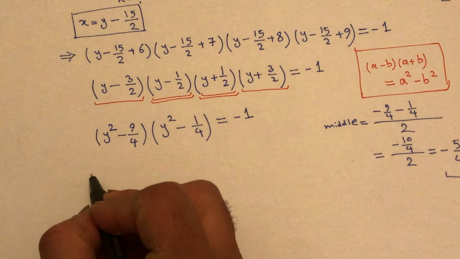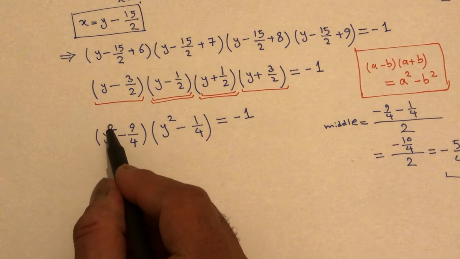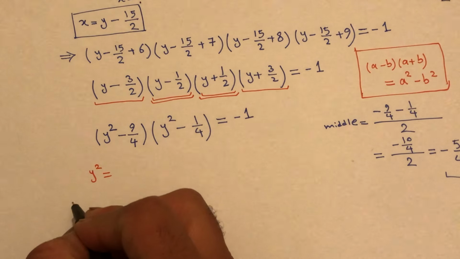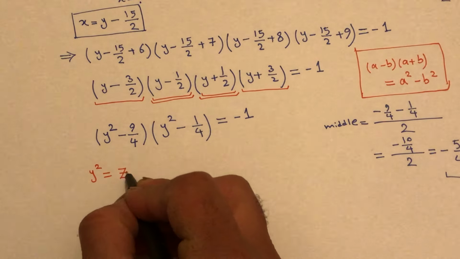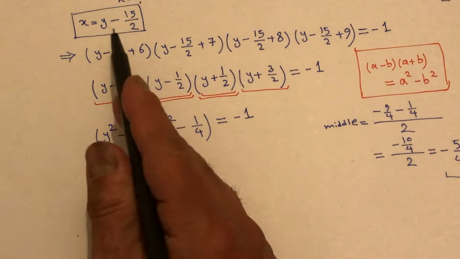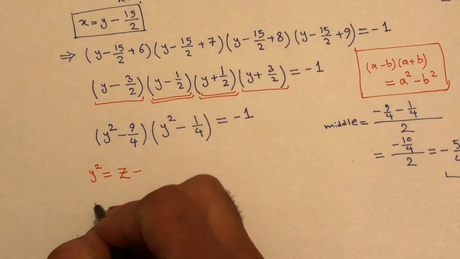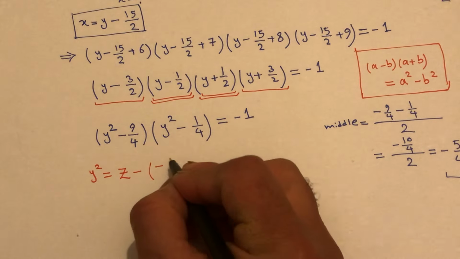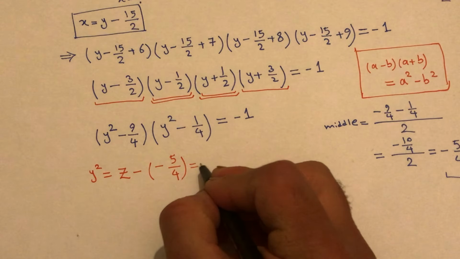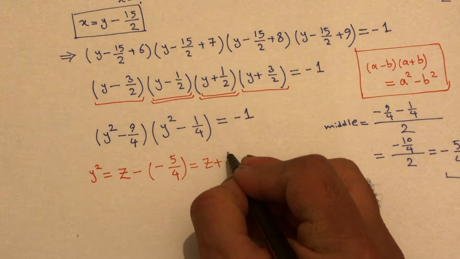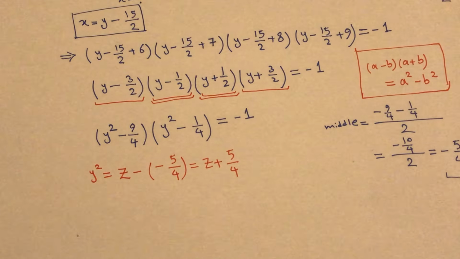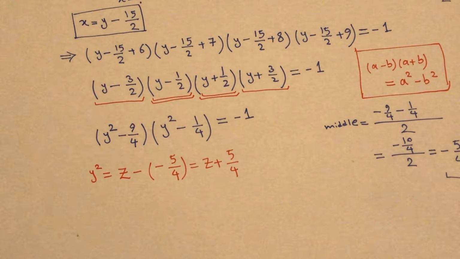Y squared equals z minus, because we always subtract from the new middle point, minus 5 over 4, which is z plus 5 over 4. So again we use the same approach but with this new parameter.